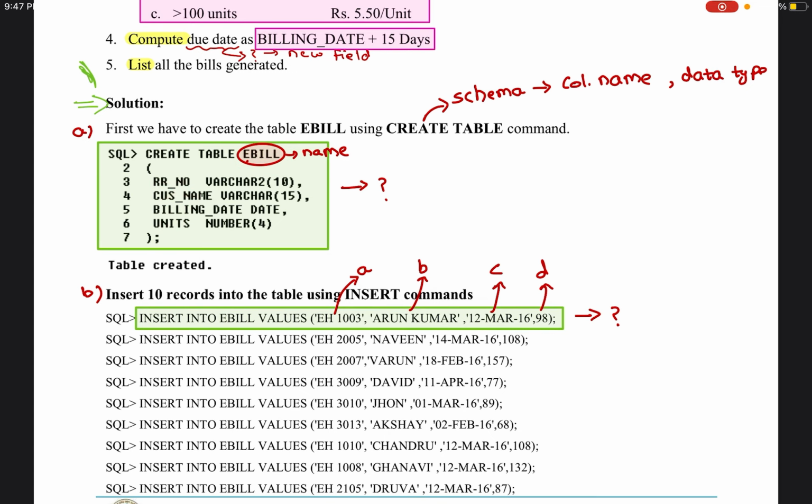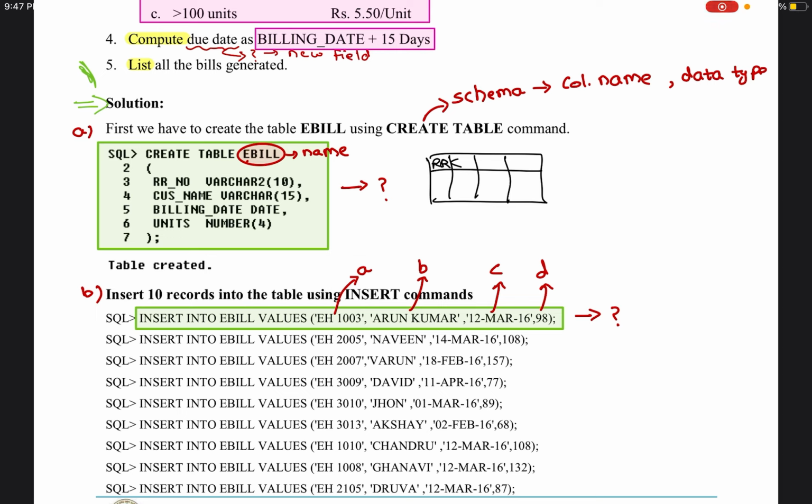Their names are this, and their data types will be these. Fine, so it will create a table. So here registration number, here will be customer name, here billing date, here units.